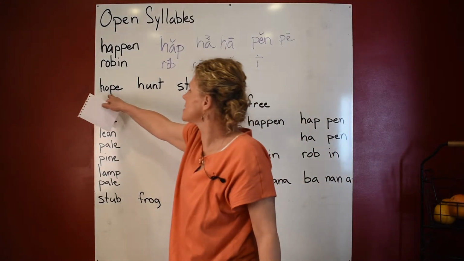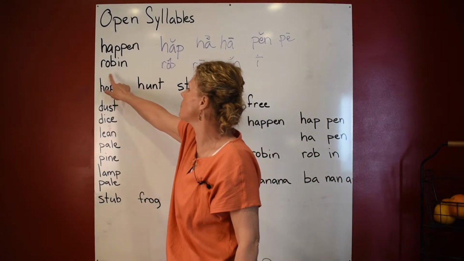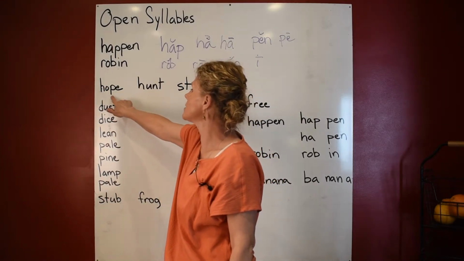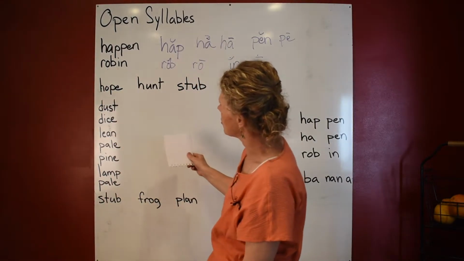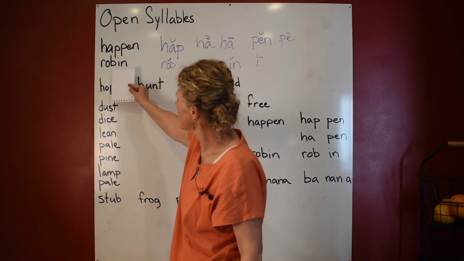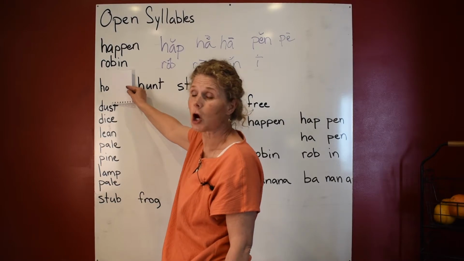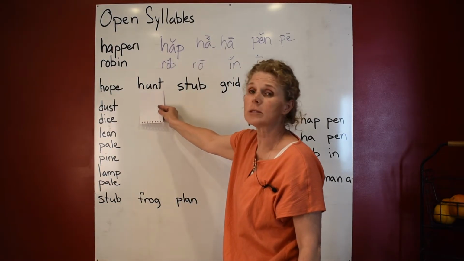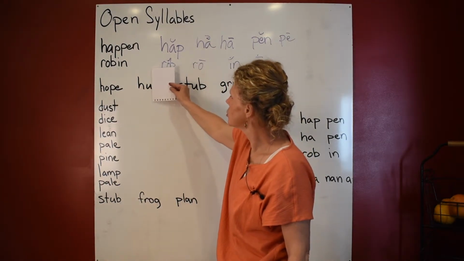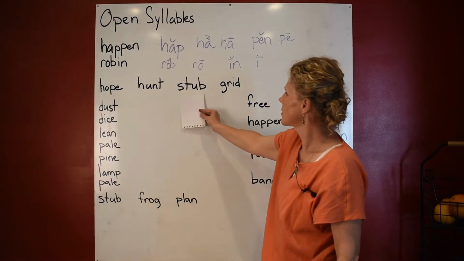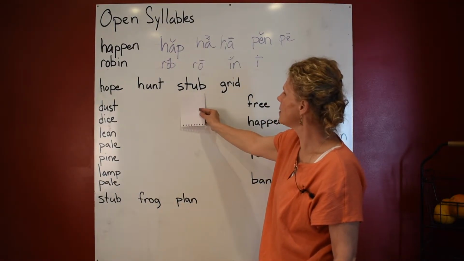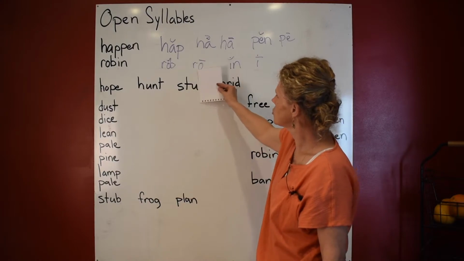So we're going to take this silent E syllable. See, the E is going to jump over the one consonant and make that long. Okay? So now that says hope. We're going to make it, that is an open syllable. So it says ho. Closed, hunt, hu. Closed, stub, stu.